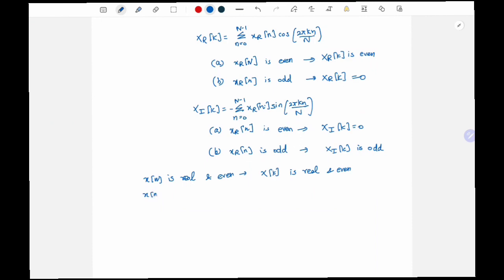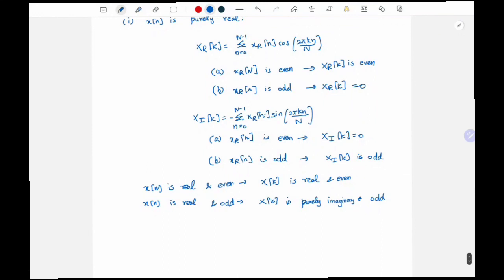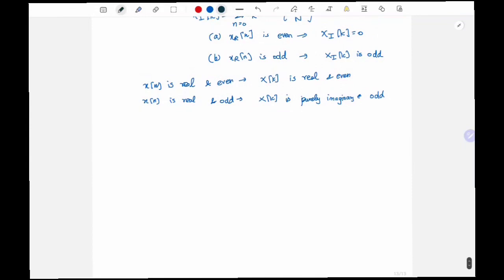But if your x of n is real and odd, your X of k is purely imaginary and odd. Similarly, you can do it for x of n being purely imaginary and even, and purely imaginary and odd. So next we'll see multiplication of two DFTs and circular convolution.